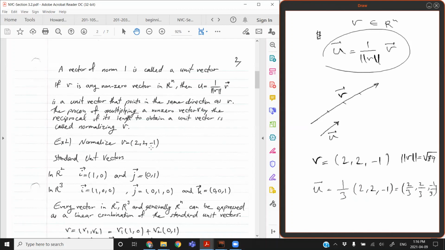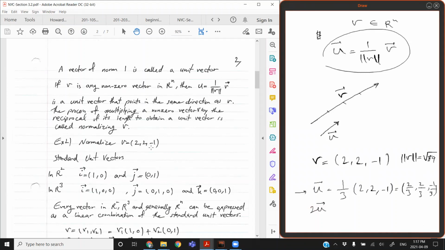Now imagine I ask you to find a vector of length 2 in the same direction as v. If I say find a vector of length 2 in the same direction as v, then since this one is a vector of length 1 in the same direction as v, I would just need to multiply this by 2. So 2u would be a vector of length 2 in the same direction as v.